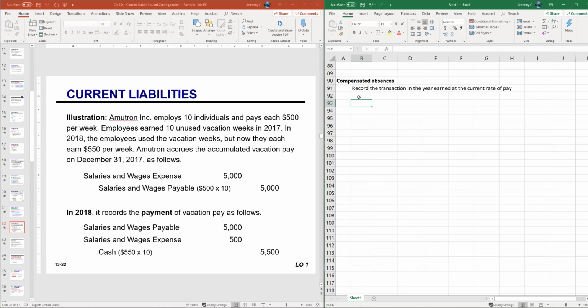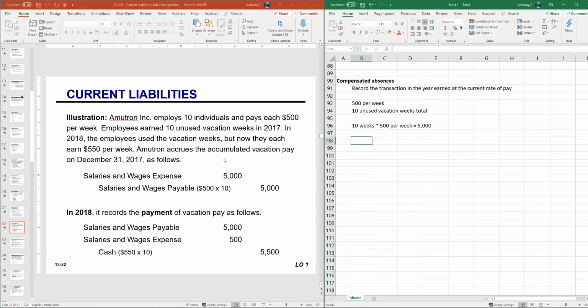Okay, so it tells us we employ 10 individuals, we pay each $500 per week. Right, and in total, our 10 employees earned 10 unused vacation weeks. Right, so if we take those 10 weeks, multiply by 500 per week, we'll get out to $5,000. So it doesn't matter if our employees haven't yet taken the vacation weeks.